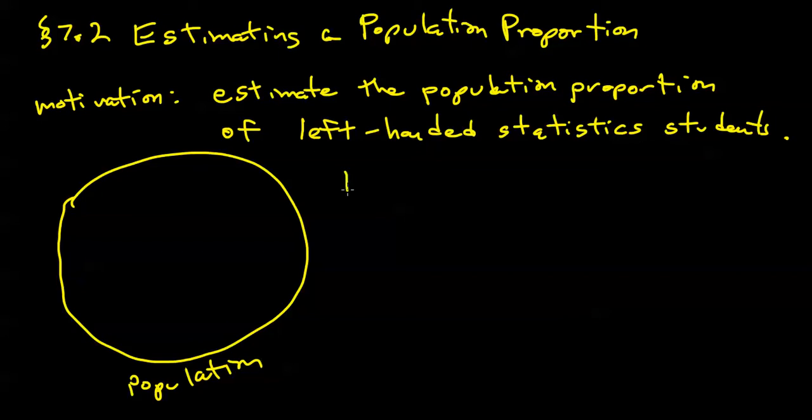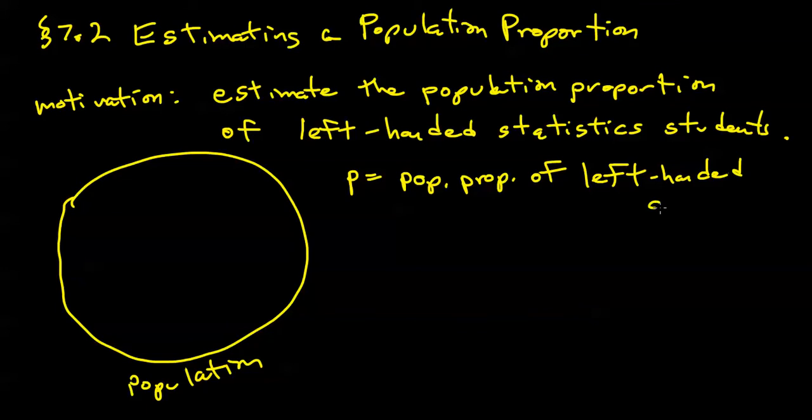So I'm going to let little p, let me write that, and let little p equal the population proportion, forgive my abbreviations, of left-handed statistics students.